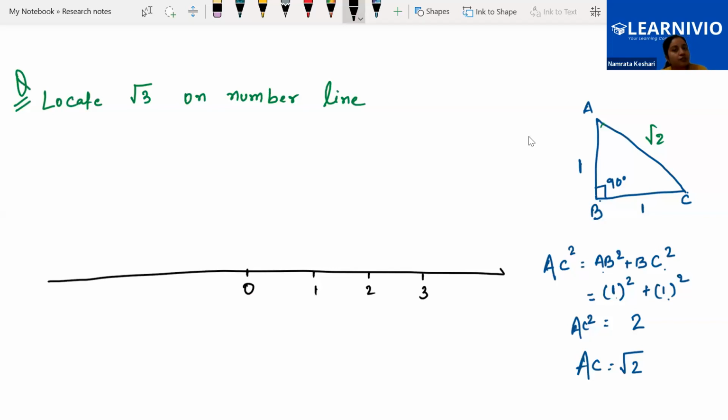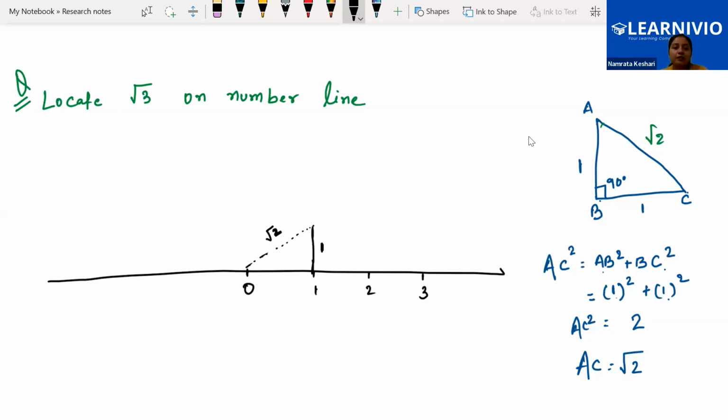At first we have to locate root 2. So how were we locating root 2? From 0 to 1, and then on 1 we drop a perpendicular of 1 centimeter, and then we join it to get root 2, right? This is how we got root 2.